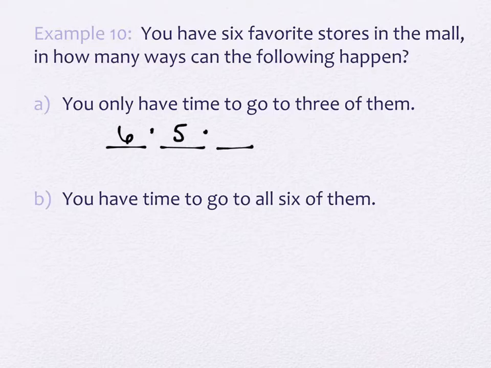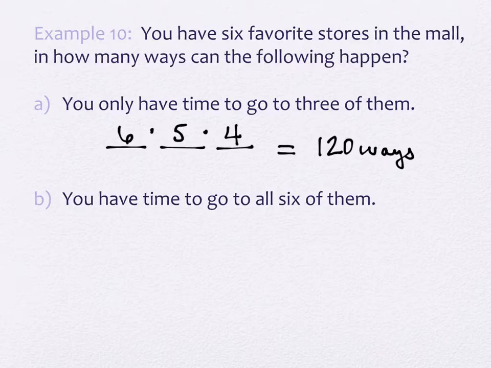And then our third choice, we have how many choices? 4. So if we take 6 times 5 times 4, what will we get? 120. So there's 120 different options of which 3 stores to go to. 120 ways.